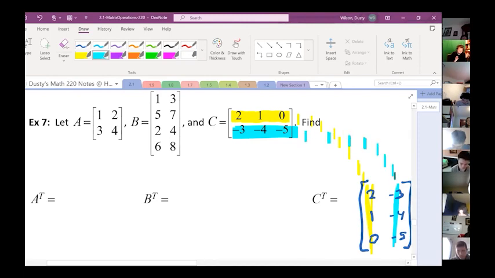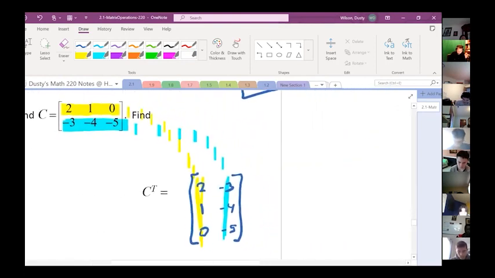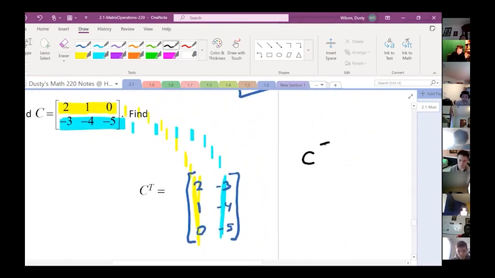So you just swap rows and columns. I think it should be obvious that if you had C transpose and you transposed it again, you would get back what you started with, right? It's like swap the row to a column and then the column back to a row. Okay.